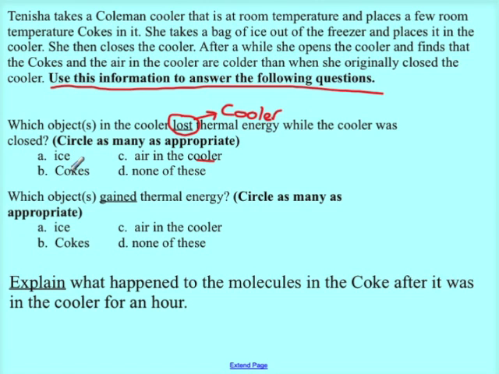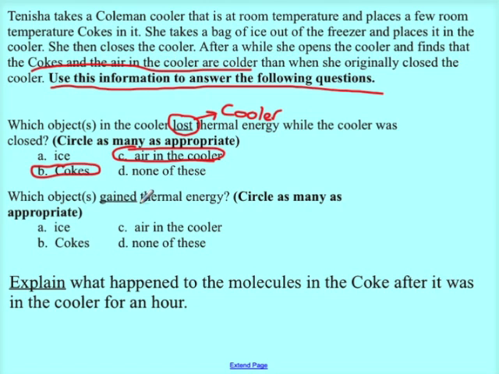Did the Cokes get cooler? Did the air in the cooler get cooler? Or did none of them? Well, after a while, she opens the cooler and finds that the Cokes and the air in the cooler are colder. So air in the cooler and Coke. So I should know this, but I also could just read and find the answer.